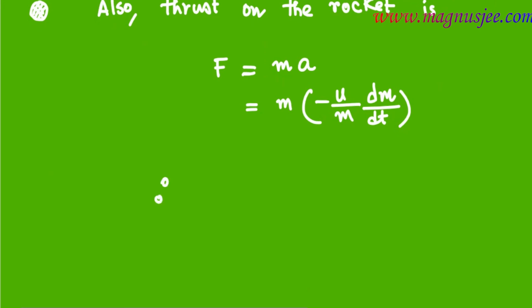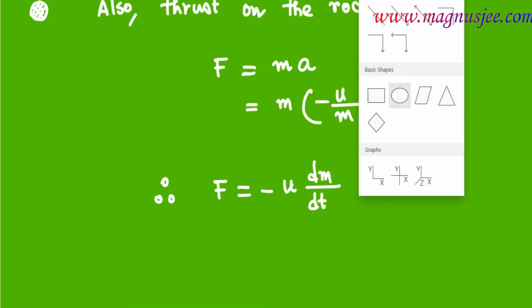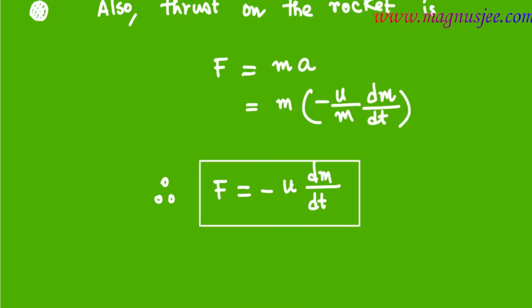So finally we get the expression of thrust acting on the rocket, which is F equal to minus u dm by dt, where u is the relative velocity of exhaust gases with respect to the rocket and dm by dt is the rate of ejection of exhaust gases. So for a numerical problem, dm by dt should be taken as negative so that thrust on the rocket will be positive.